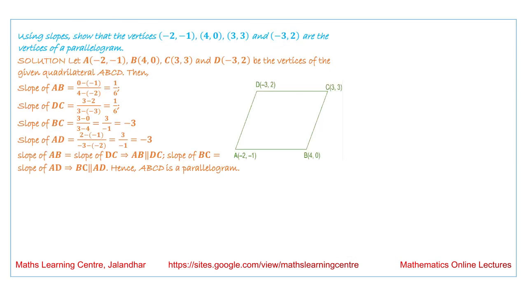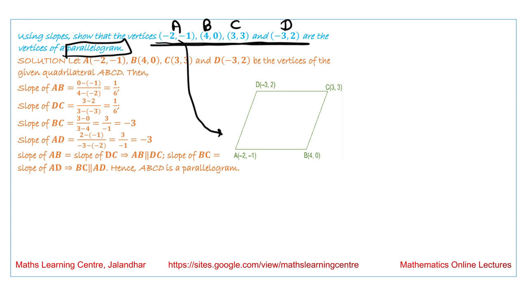Next is, using the slopes, show that these 4 points are vertices of a parallelogram. So we name these vertices as A, B, C and D. We have marked these points over here. This is A, B, C and D. Now if we calculate the slope of all these lines, the slope of this line AB is (0 plus 1) over (4 plus 2).